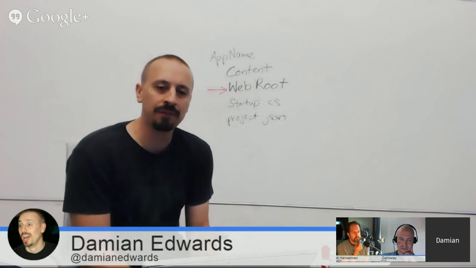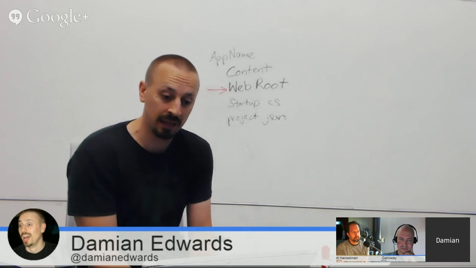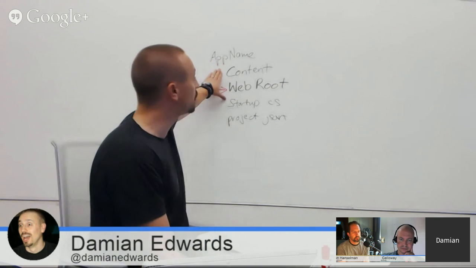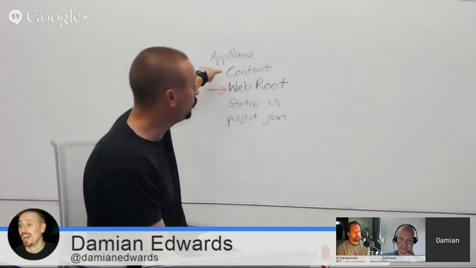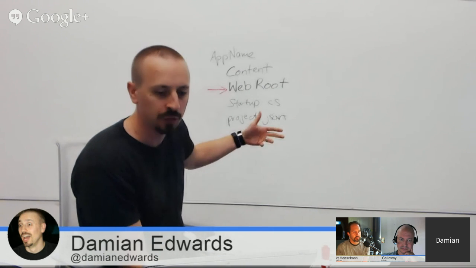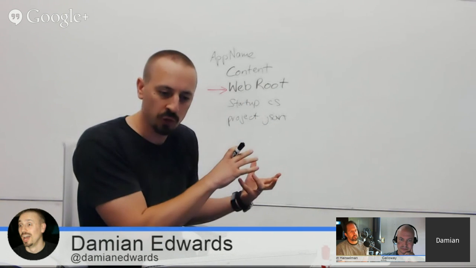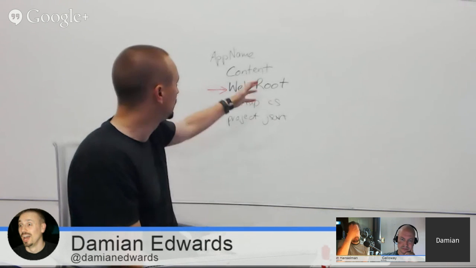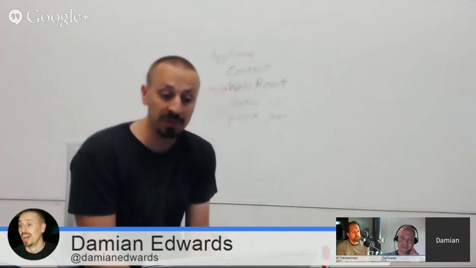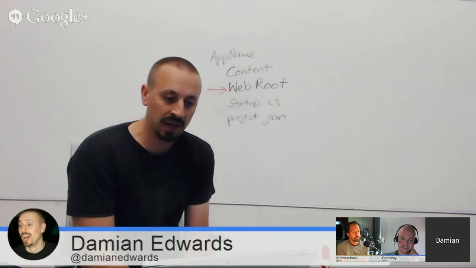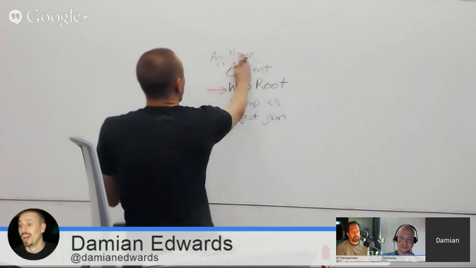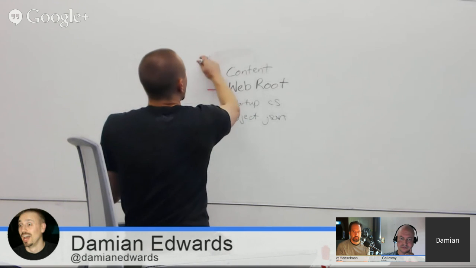Now, similarly, if you're relying on third-party files like jQuery or Bootstrap, they won't be in either of these locations by default because you don't own the code, so it won't be in content. It'll generally be in whatever the source for your package manager is for those assets. Now, if you were using NuGet, they'd be off in the packages folder. We're going to be supporting Bower in Visual Studio, and so you'll have a folder under here, which now I've run out of space, called Bower Components, which is where Bower puts them.